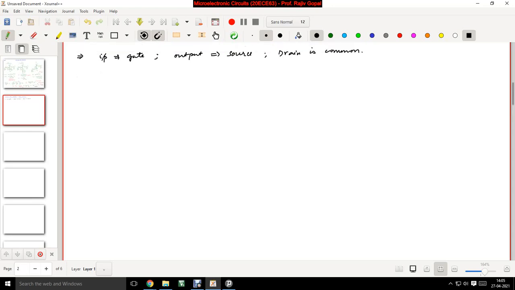So if I draw the diagram: V signal, R signal, then you have CC1, the coupling capacitor, then RG, then the MOSFET. The source is connected to a biasing current source I, which is given to minus VSS.